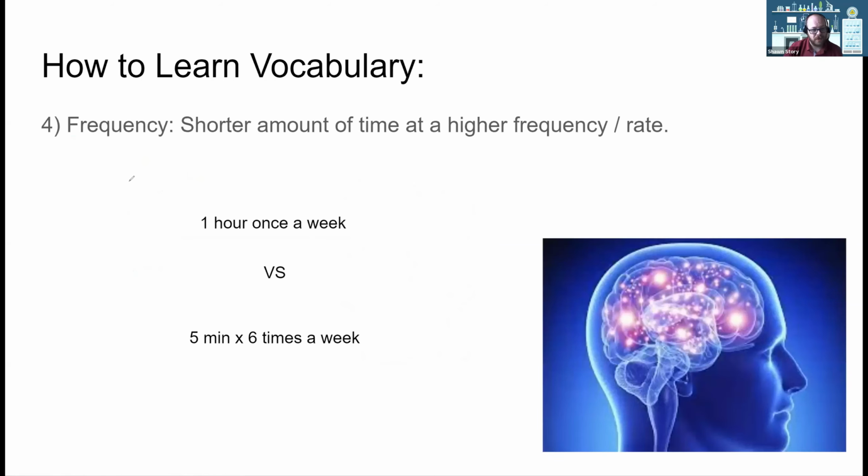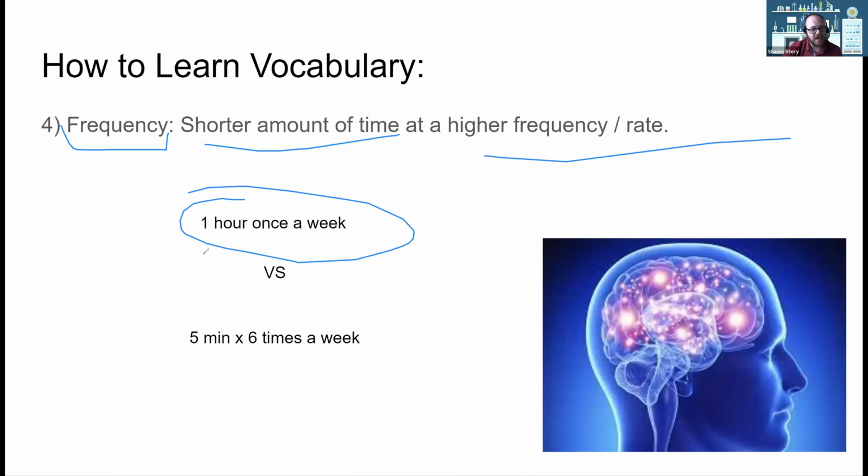My next one, frequency. And this is what Maurice was saying too. A lot of research is saying shorter amount of time for a higher frequency, right? You could sit down for an hour and study all these words for an entire hour once a week, but you're going to forget so many of them when you get back to it the following week. It is so much more beneficial to do 5 minutes 6 times a week.